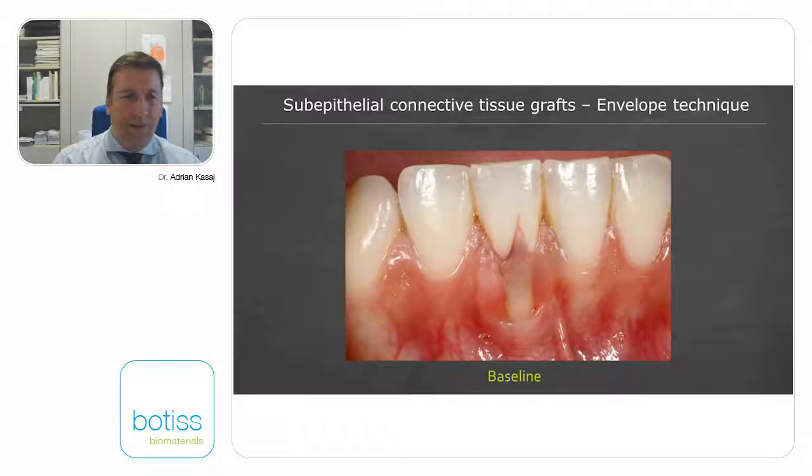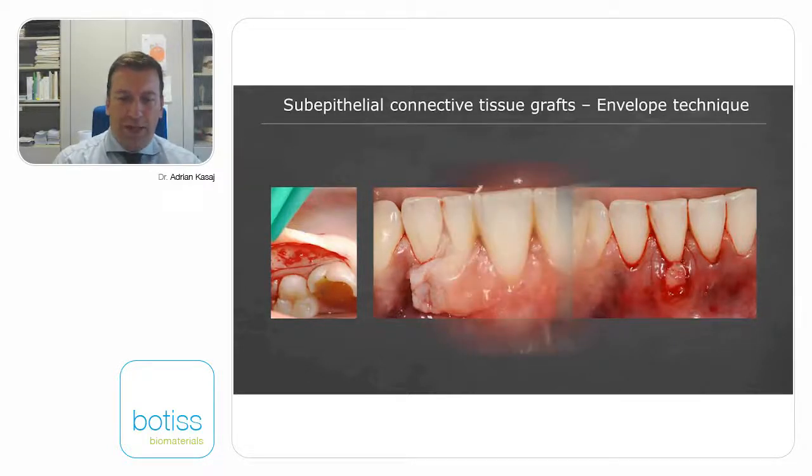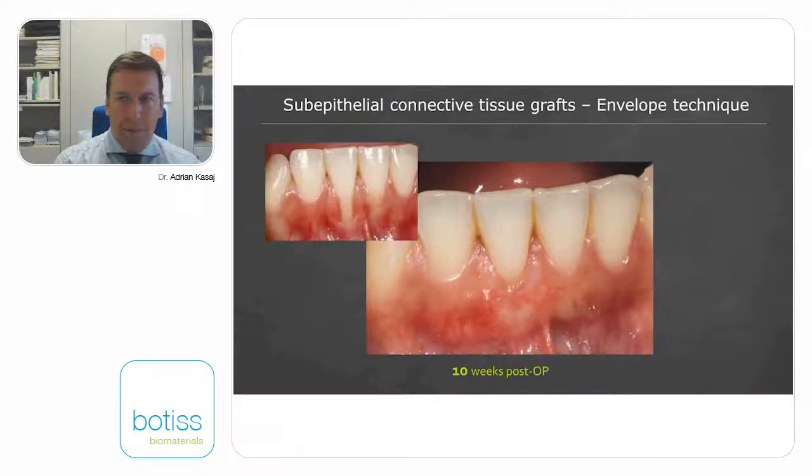You see a harvesting of subepithelial connective tissue graft from the distal palatal aspect. And here the graft was inserted into this pouch, leaving some part of the CTG exposed. You can see the final clinical outcome 10 weeks post-operative in comparison to the baseline clinical situation.